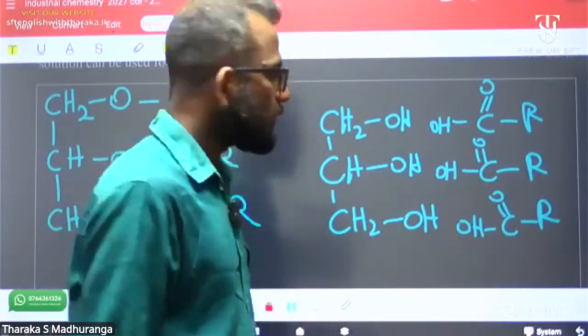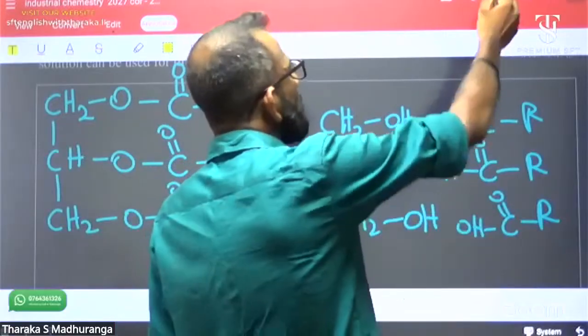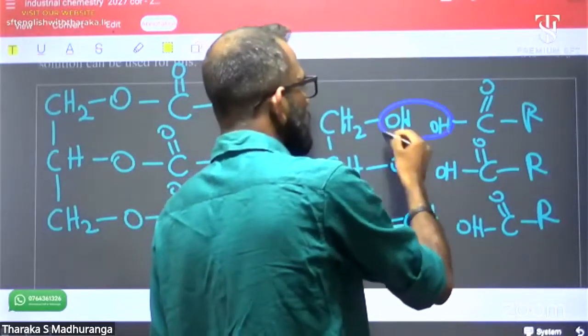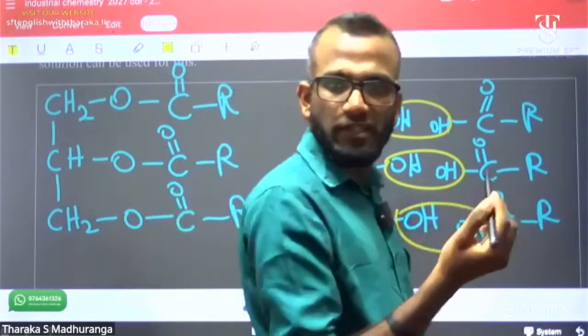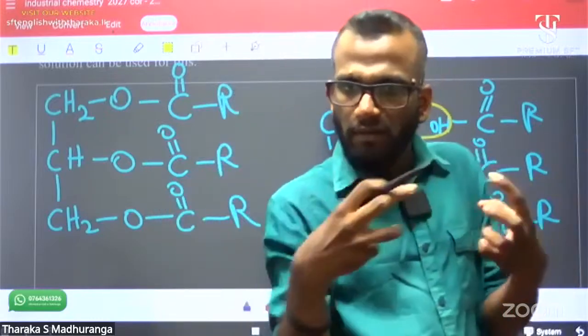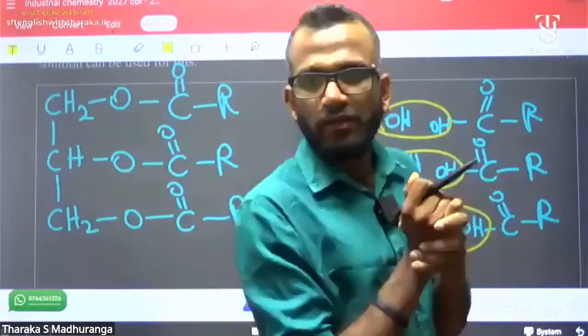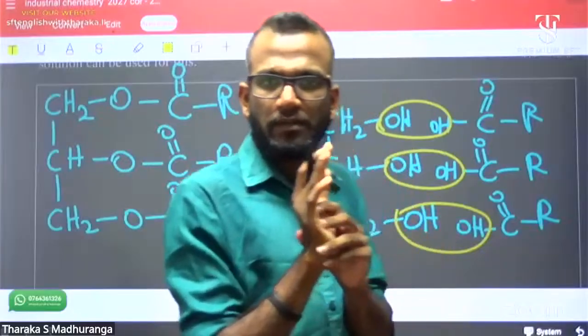Combine with 3 fatty acids, then what happened? Releasing H2O, producing ester bonds between glycerol and fatty acid, with 3 molecules removed. We already discussed that in the biomolecule lesson.